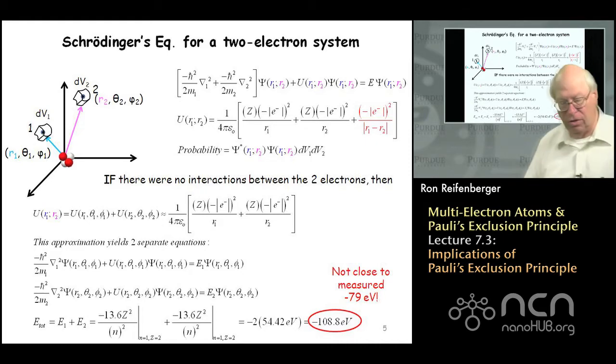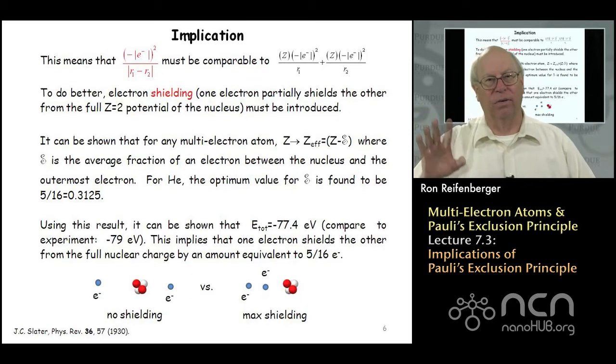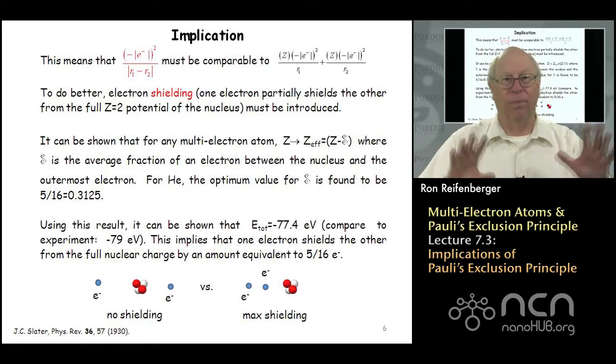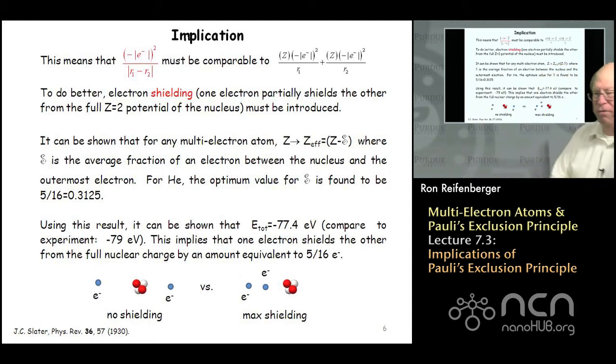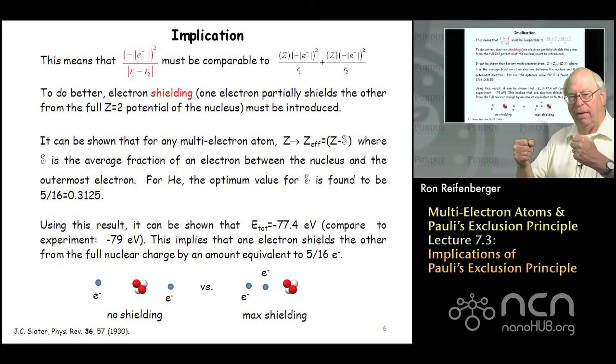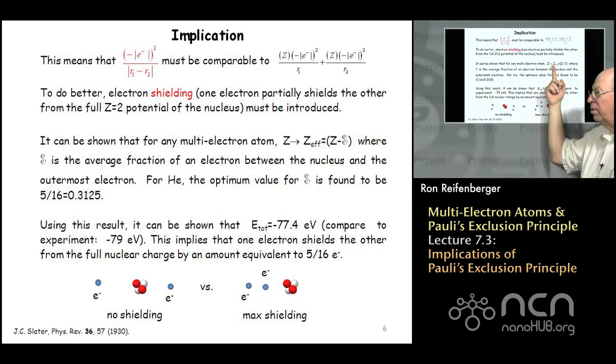This term has to be included somehow. How do you include that term? Well, there's a large number of approximations that have been made over the years. The one I like to refer to is the one that tries to mimic the second electron by a shielding of the second electron by the first electron. And that shielding argument just says that the total charge on a nucleus is reduced to some effective charge on a nucleus.